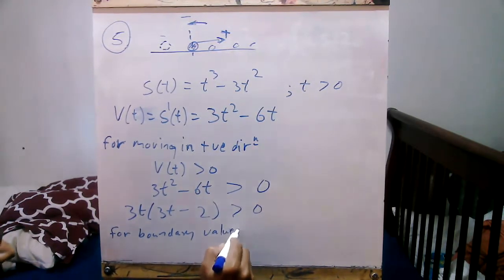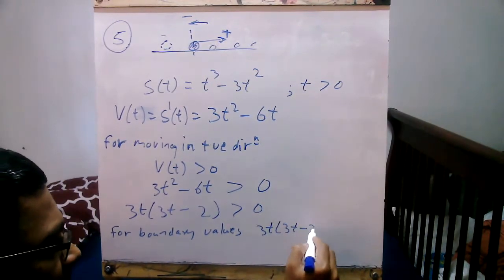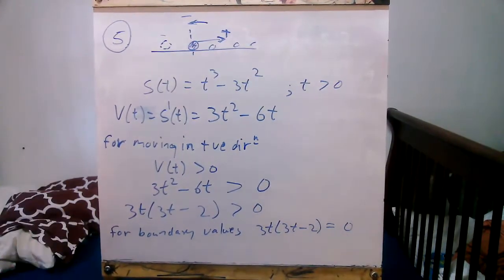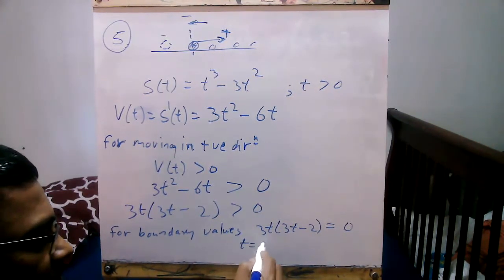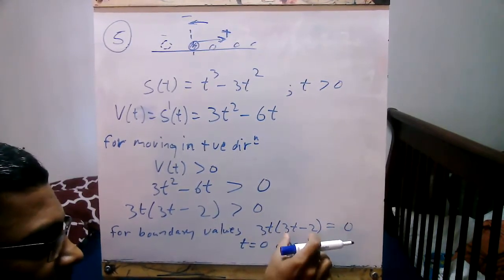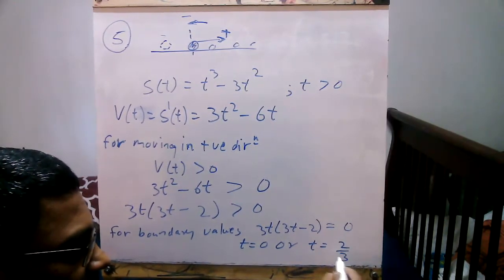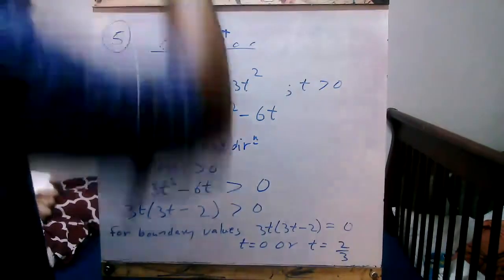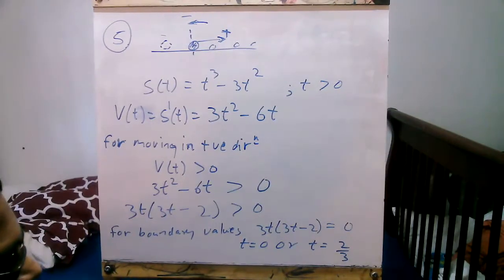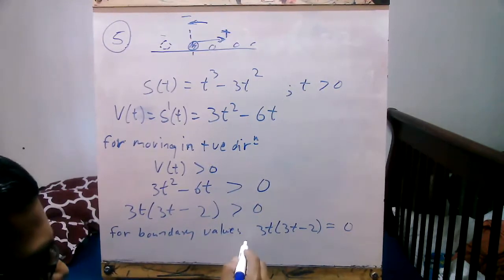Boundary values, we get 3t times (3t minus 2). We set it to 0 for boundary values. Here we get t equal to 0, or make this 0, then we get t equal to positive 2 over 3. Move toward the side, divide by 3. We get this. Okay, let me write that, because some of you are having trouble understanding that.